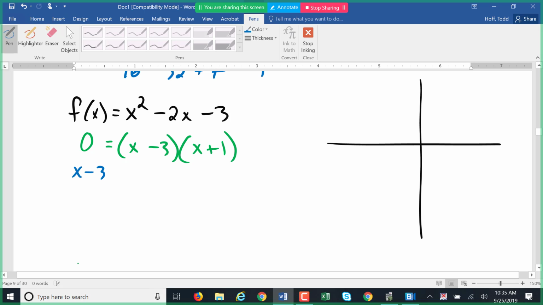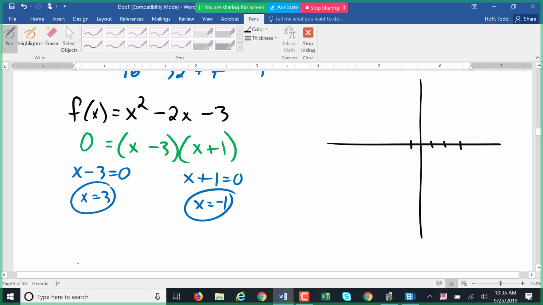x minus 3 equals 0 when x equals 3. And x plus 1 equals 0 when x equals negative 1. So we have roots here at negative 1 and positive 3 on our x-axis.